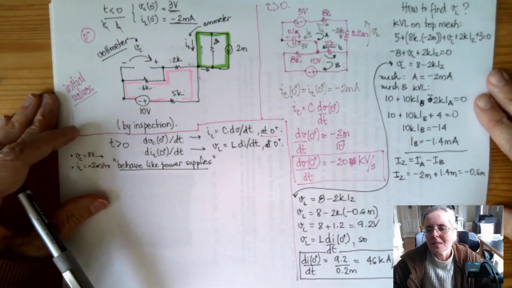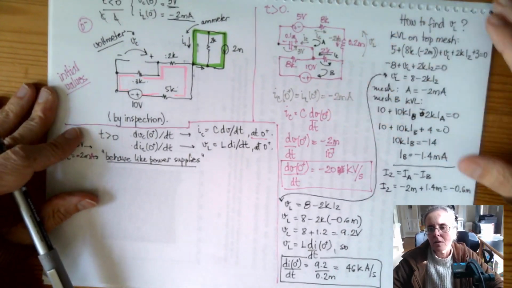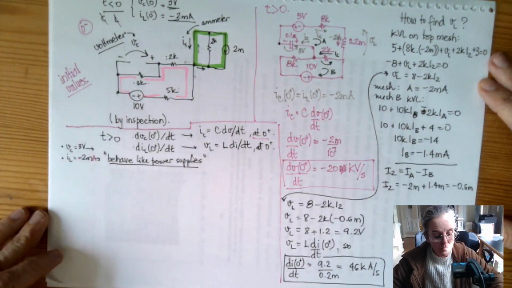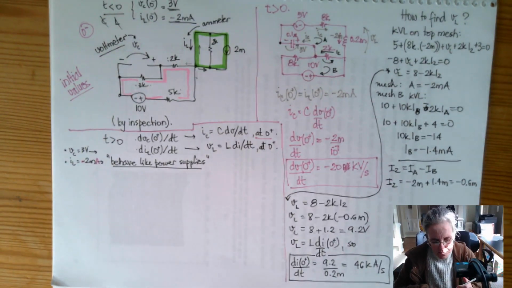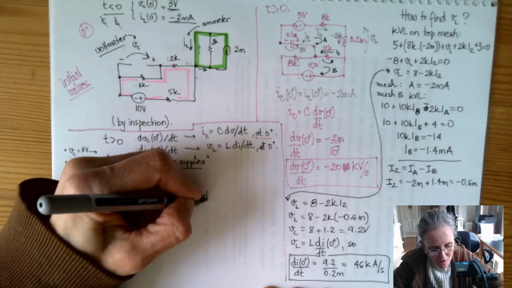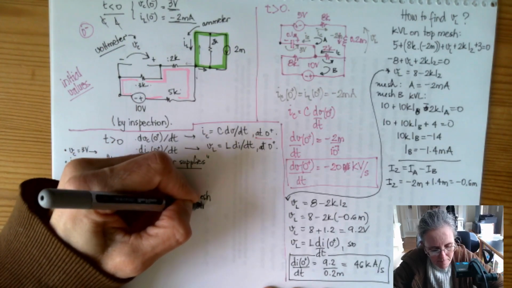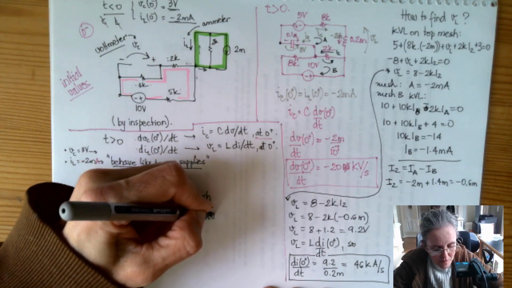I hope this is clear. If not, please ask me in the comments, or send me an email. I really hope this combines for you mesh analysis and Ohm's law, and no differential equations necessary.